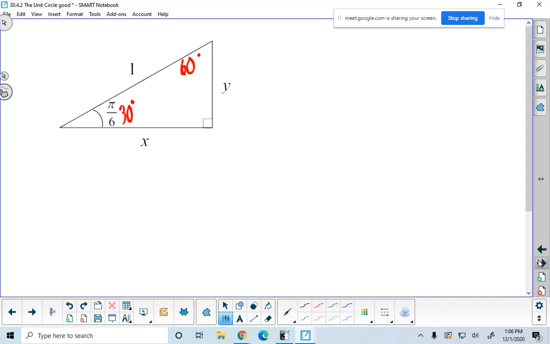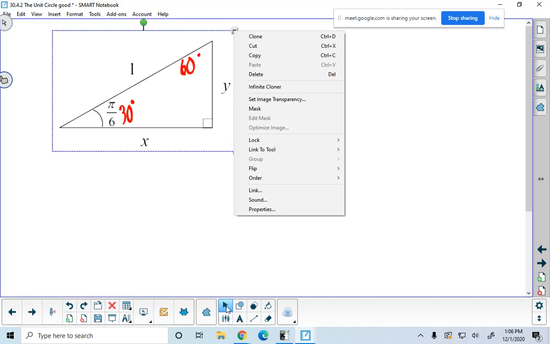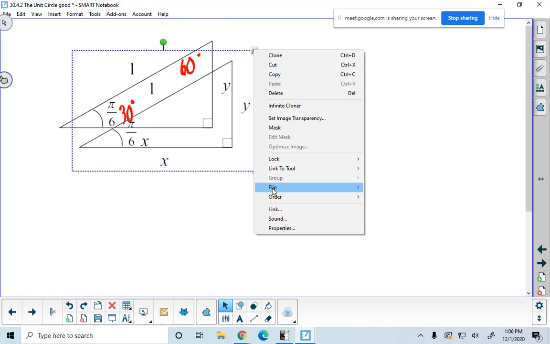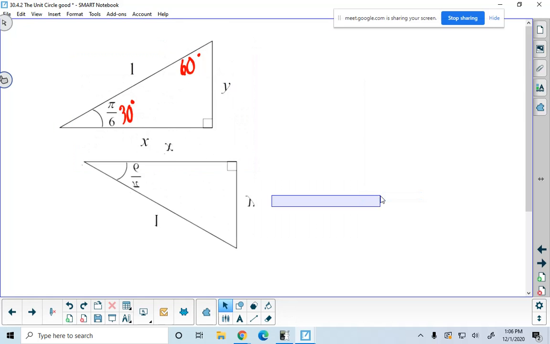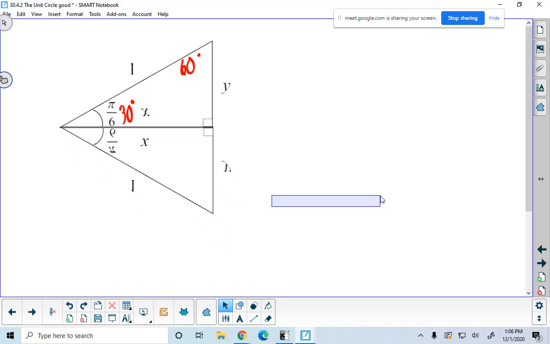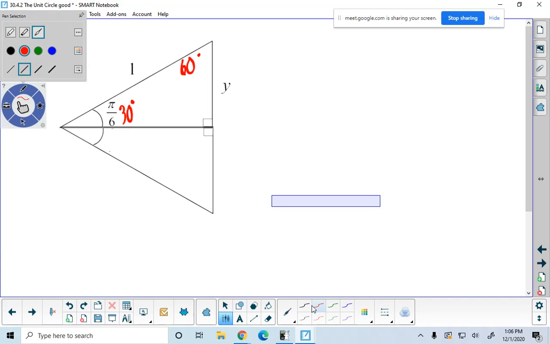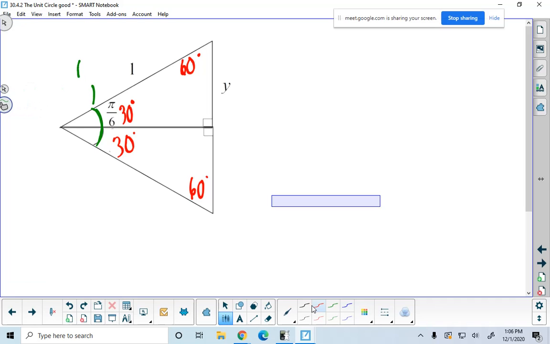If I take this triangle and I flip it vertically and ignore all of the other stuff that goes with it, I'm not interested in this x or what this thing is in here. But what I discover is that this is 60 degrees, which means this is 30 degrees. But more importantly, this is 60 degrees.